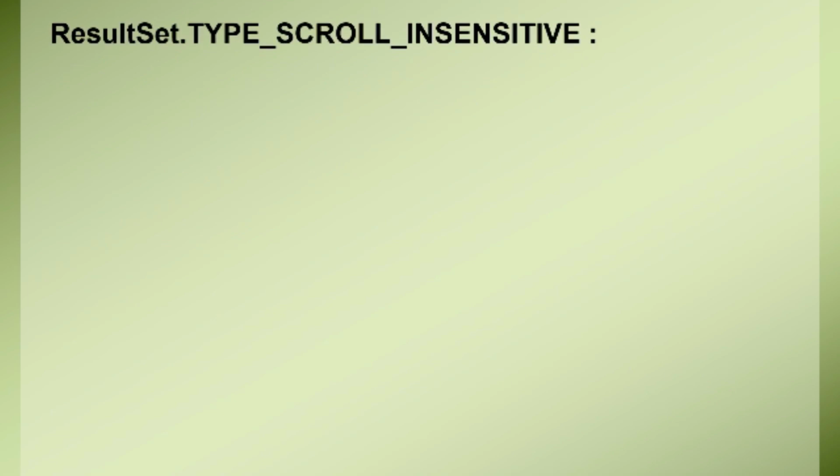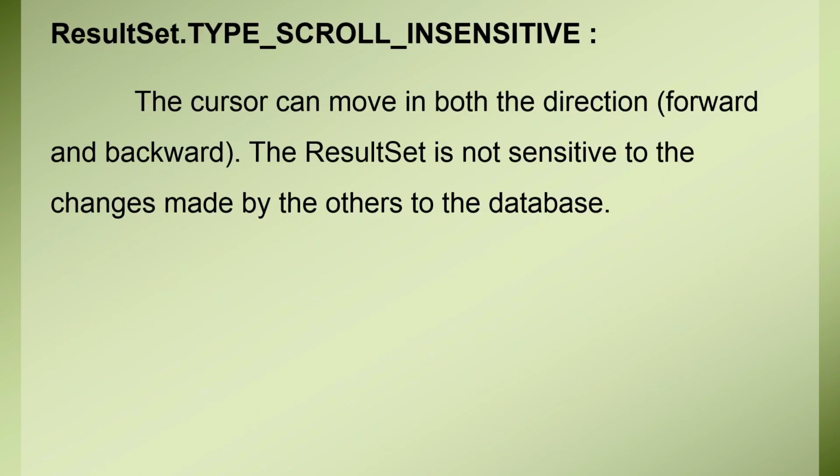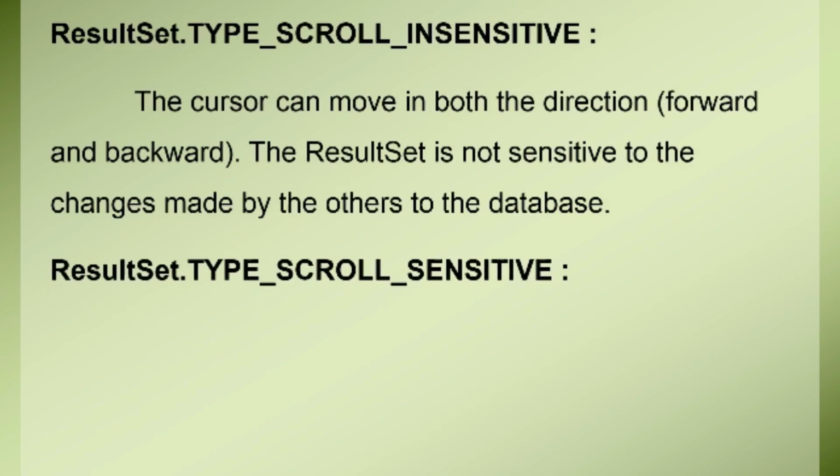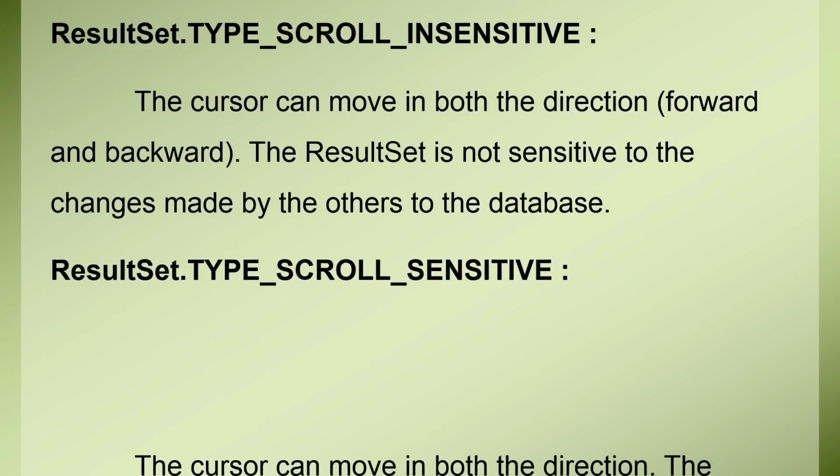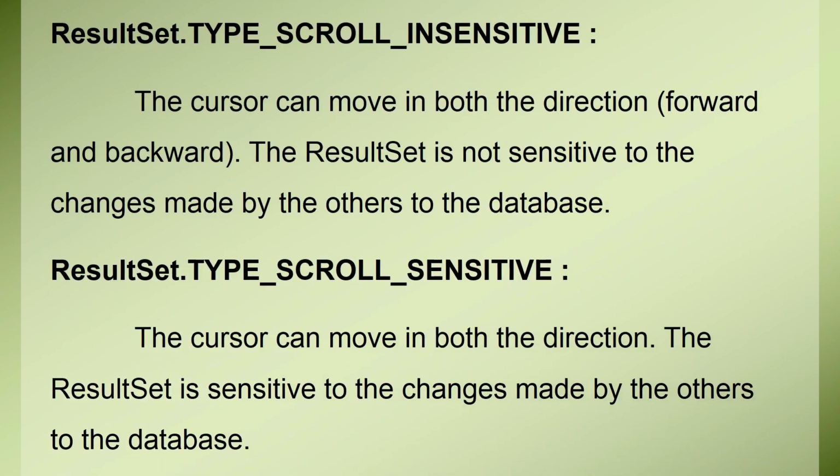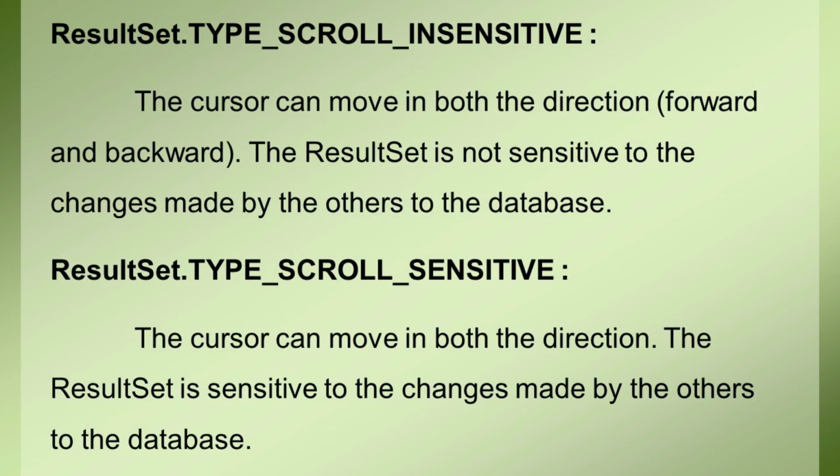ResultSet.TYPE_SCROLL_INSENSITIVE, the cursor can move in both directions, forward and backward. The ResultSet is not sensitive to the changes made by others to the database. ResultSet.TYPE_SCROLL_SENSITIVE, the cursor can move in both directions. The ResultSet is sensitive to the changes made by others to the database.